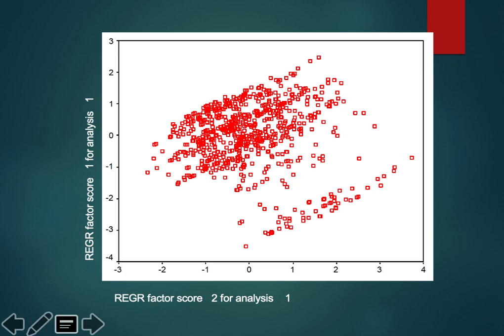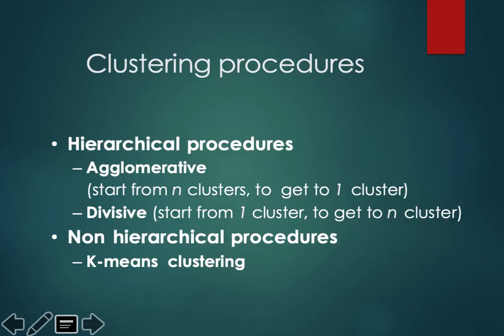So the procedure I mentioned earlier, we have the hierarchy procedure, which is agglomerative: n clusters to get one cluster. Divisive starts from one cluster to get n clusters. So this is basically working ascending, okay, as compared to the previous one, descending. Non-hierarchical procedure, K-means clustering, for example.